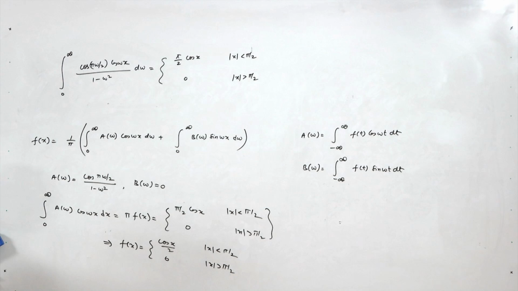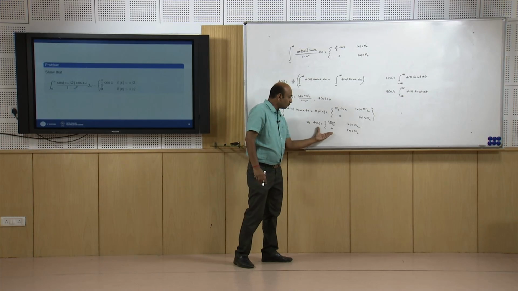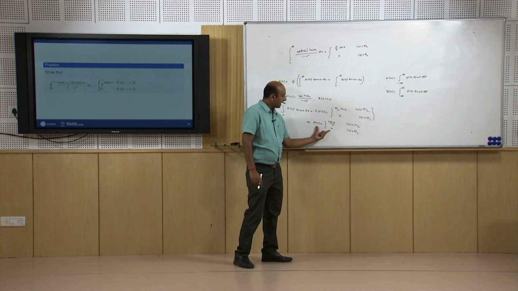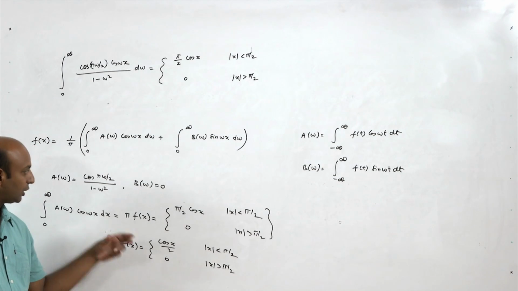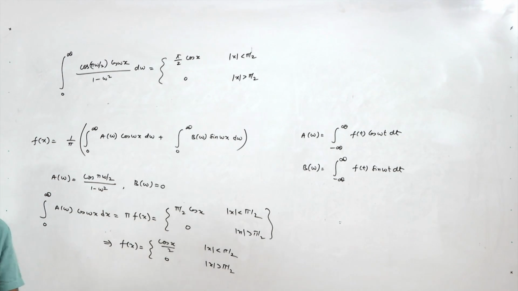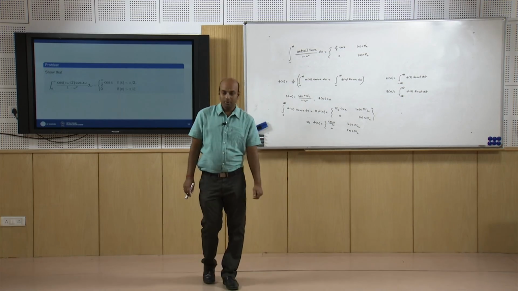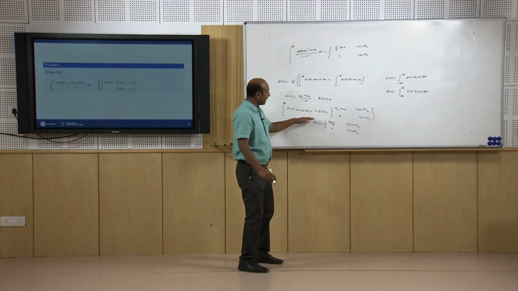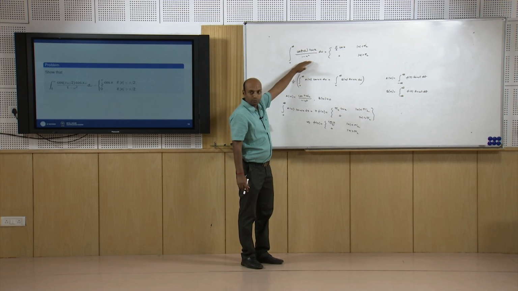Okay. So, you take this f(x), and try to obtain the value of A(ω). If you obtain A(ω) as this, that means we have proved. Anyhow we have assumed that this is true.